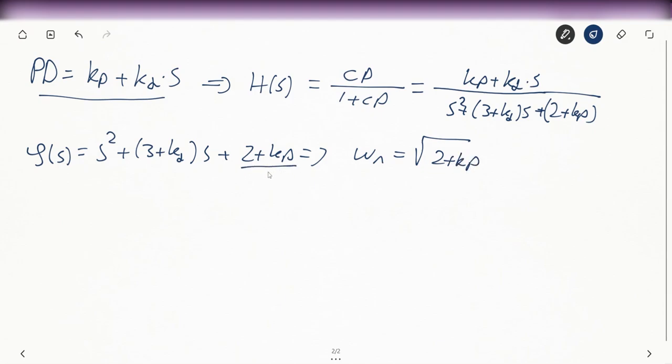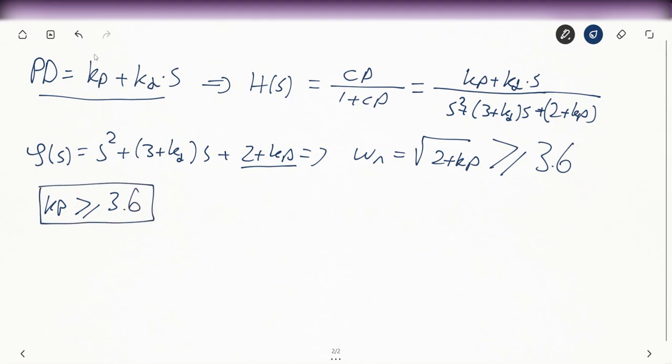From the specifications, this should be greater than or equal to 3.6 in order to achieve the needed rise time. This gives us that Kp, when we square both sides and subtract 2, should be greater than or equal to 3.6. Okay?